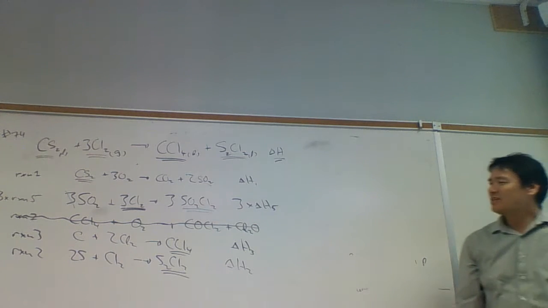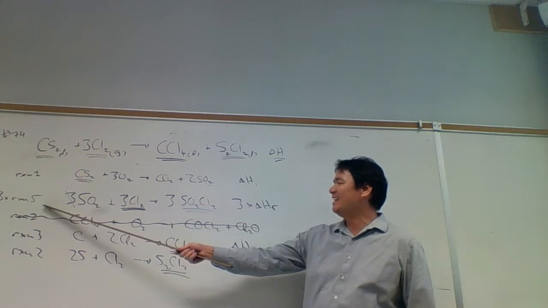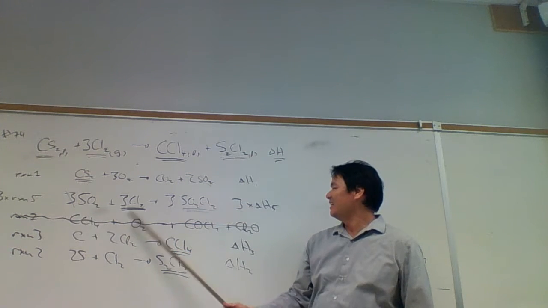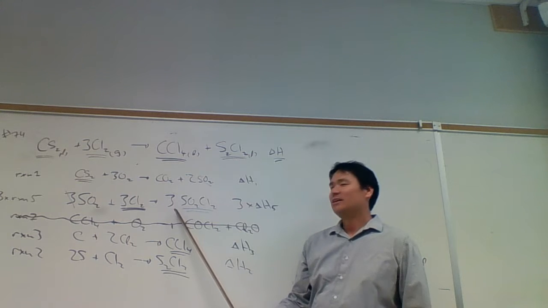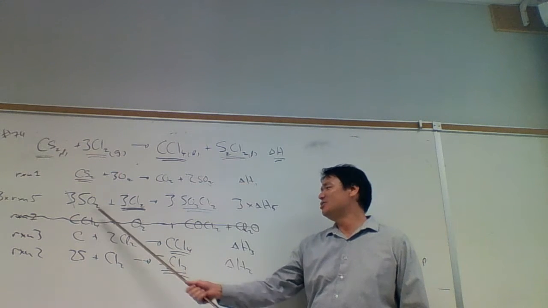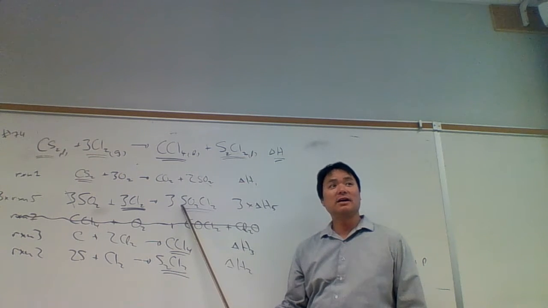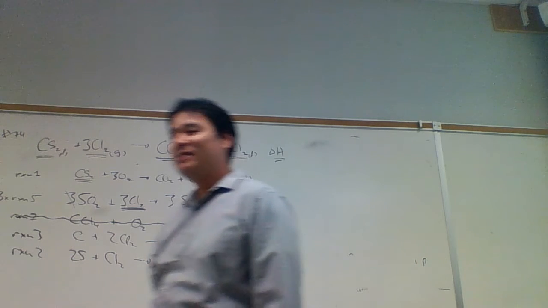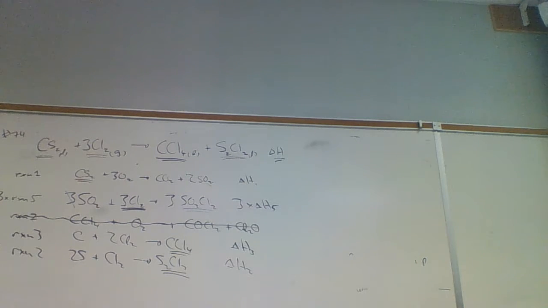But if I reverse that reaction, multiply by 3, then isn't that just... So what I'm doing is I'm just undoing what I just did, right? If I undo what I just did, then I didn't need it. Okay? And so basically what I'm going to do is just cross it out.